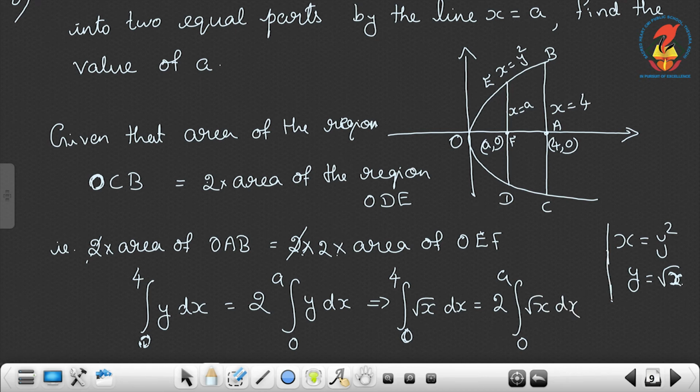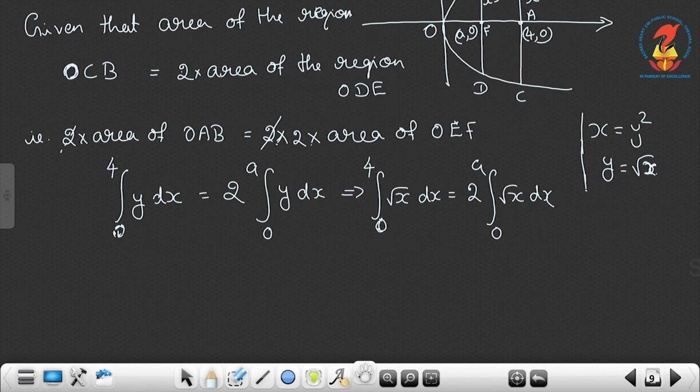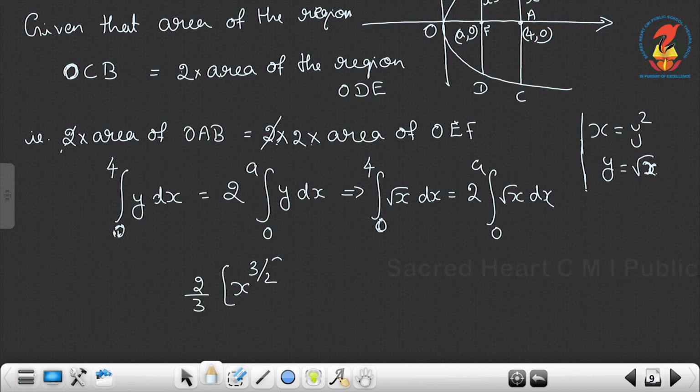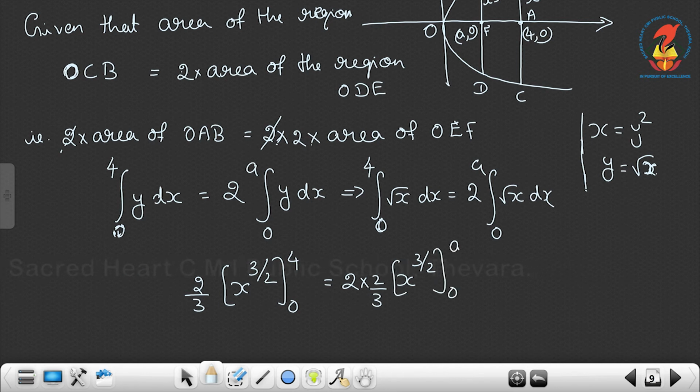Now integrate. Root x integral is x raised to 1 by 2, its integral is x raised to 3 by 2 by 3 by 2, that is 2 by 3, between the limit 0 to 4, which is equal to 2 times again x raised to 3 by 2, here 2 by 3, between 0 to a. So 3 and 3 we can cancel, 1, 2 cancel.